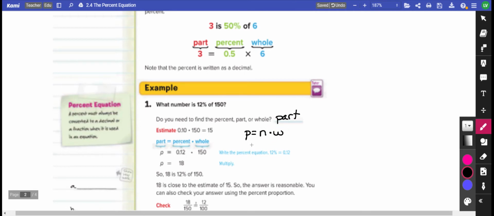Our percent is changed to 12/100 because that was 12%, times our whole of 150. Well, 12/100 times 150 equals 18. So our part is 18.